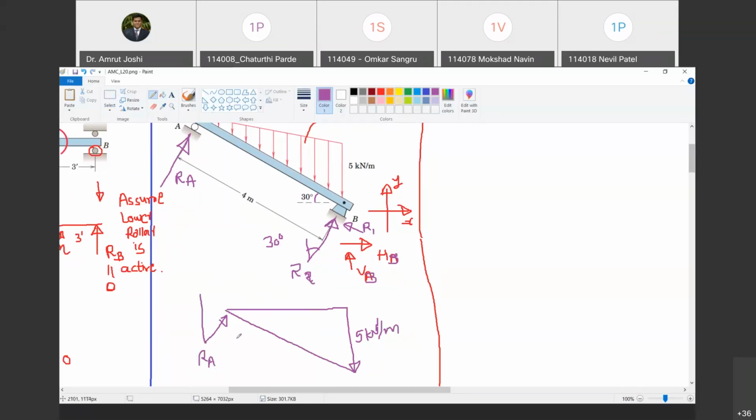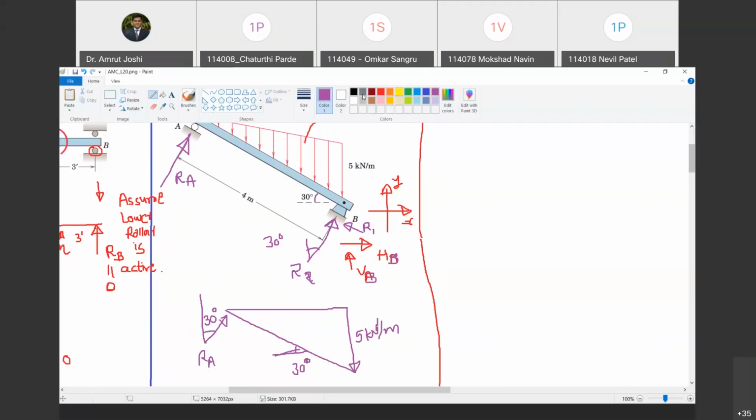Do you agree with me? And the vertical direction is perpendicular to horizontal. The angle the beam makes with horizontal is 30 degrees, so the angle between the vertical, perpendicular to horizontal, and RA, perpendicular to the beam, will also be 30 degrees. The angle between the lines is the same as the angle between their perpendiculars. Are you with me? Yes, sir. So this is 30 degrees.